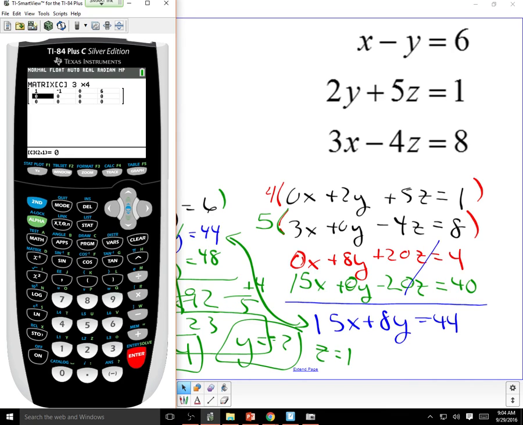And then this one, we're going to go 0, 2, 5, 1. And this one is 3. 0 on this one? I'm just going to push enter because it's already 0 there. Wait, wouldn't it be negative? Negative 4. And then 8. Okay? So it looks like we got everything, yeah?